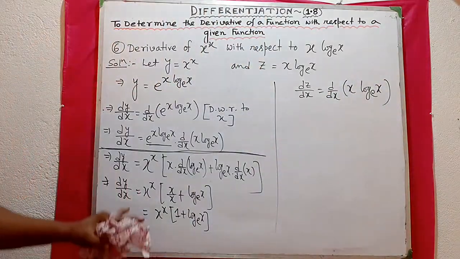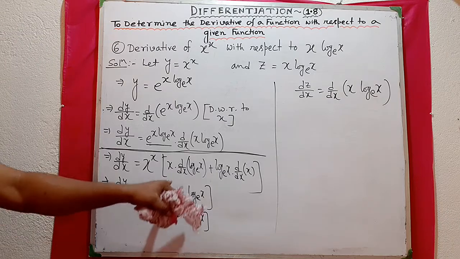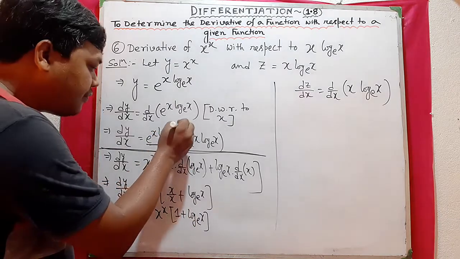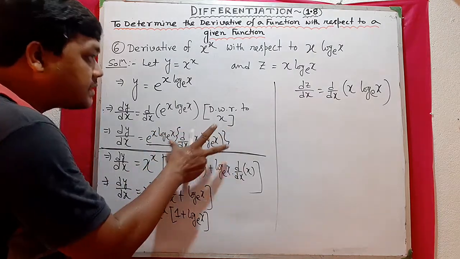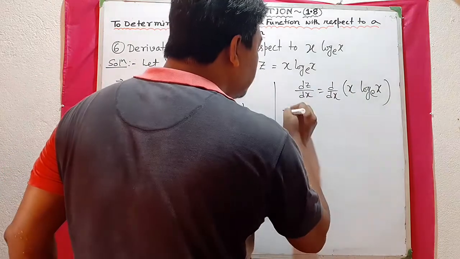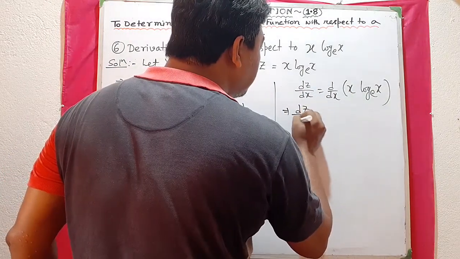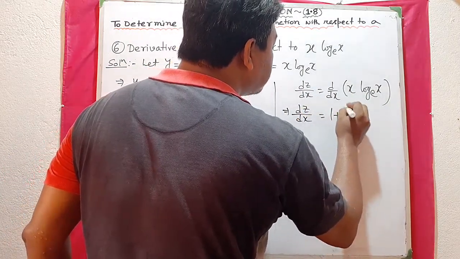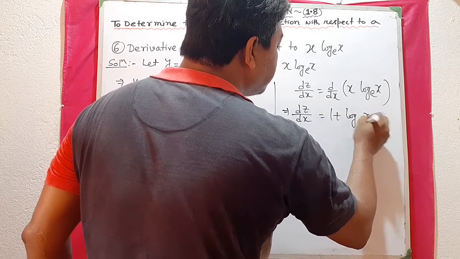আর সলভ ক্যালকুলেশন করব কেন, অলরেডি ক্যালকুলেশন করে ফেলেছি। দেখো ddx of x log x both, that is dz dx equals to 1 plus log x base e.